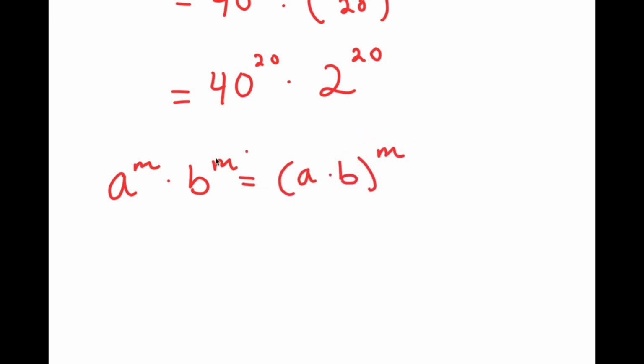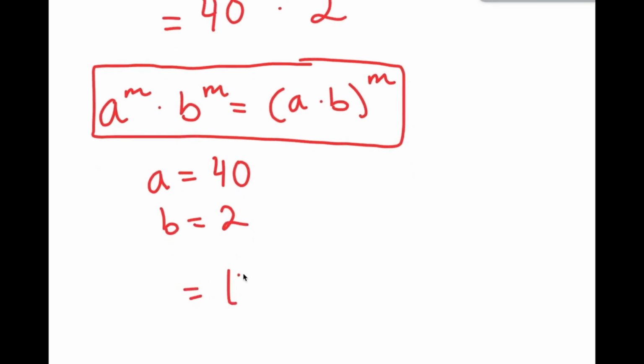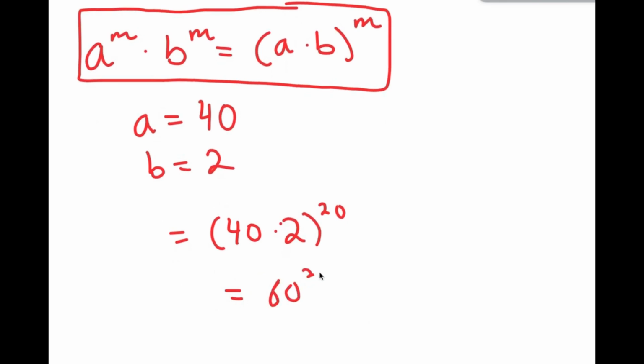And this is my third and final property for this video. So in this case, a is 40 and b is 2. So this turns into 40 times 2 to the power of 20, which is equal to 80 to the power of 20. So this is my answer to this problem.